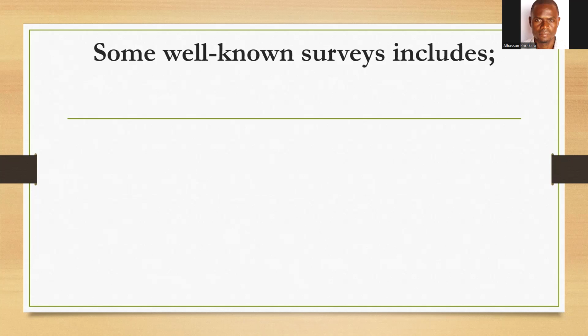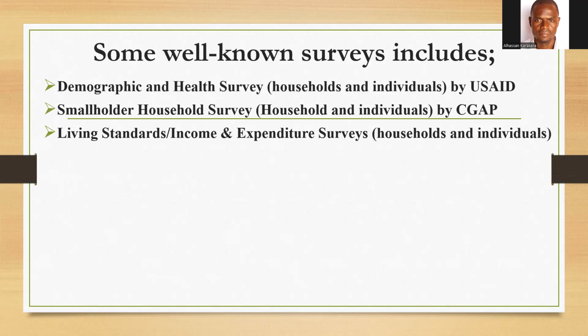Some well-known surveys across the globe include the Demographic and Health Survey data, which are collected on households and individuals, often sponsored by the USAID and respective countries' statistical service offices. We also have the smallholder household survey, which is on smallholder household farmers, and it's also on households and individuals.